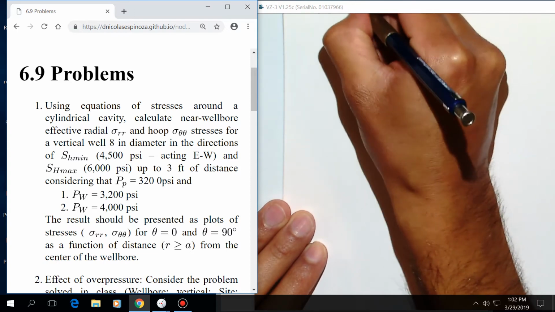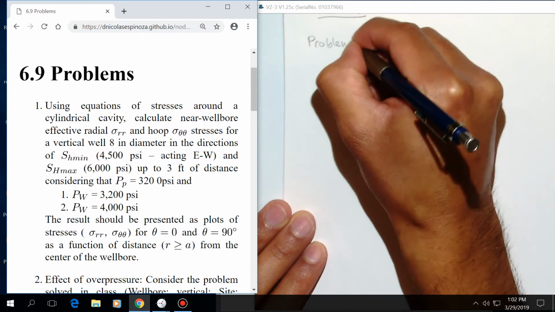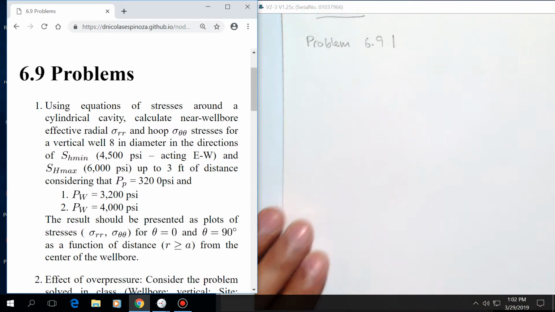Homework number 7. This is problem 691. And we need to use the equations of Kirsch that I'm going to put on the screen in a little bit. And we need to calculate sigma r and sigma theta theta. Okay. But the first thing we have to do is to see what the conditions are.